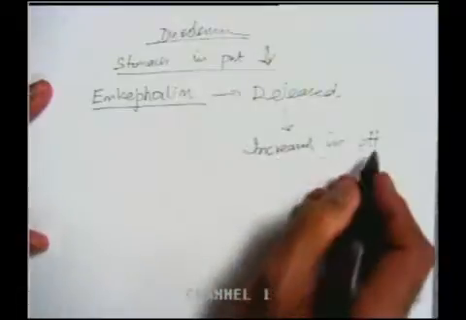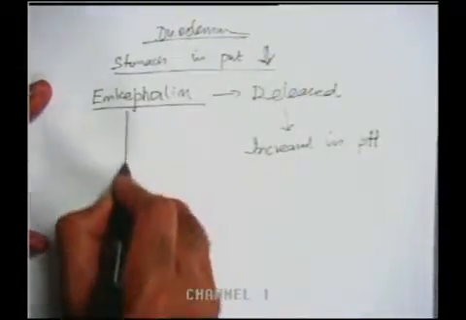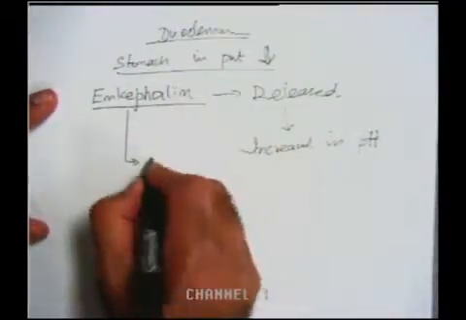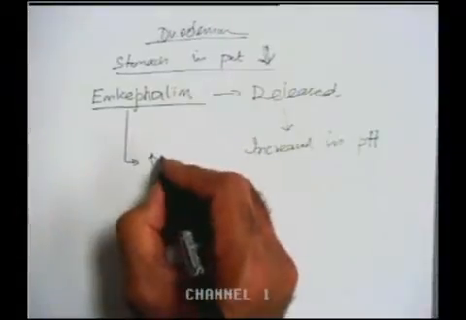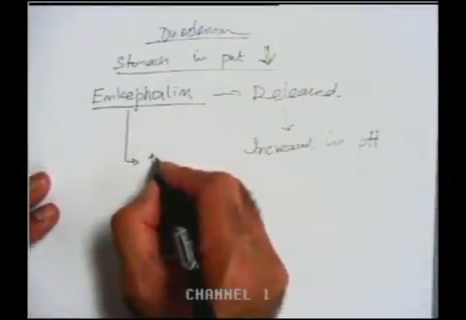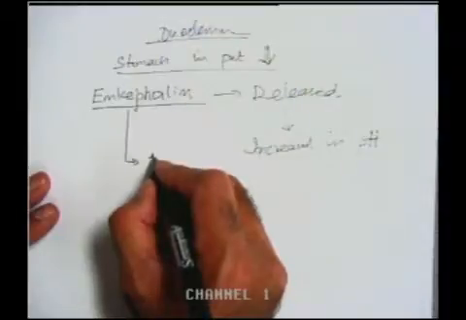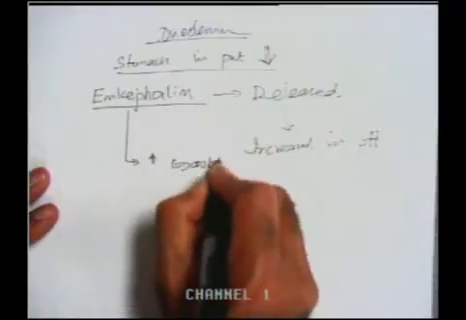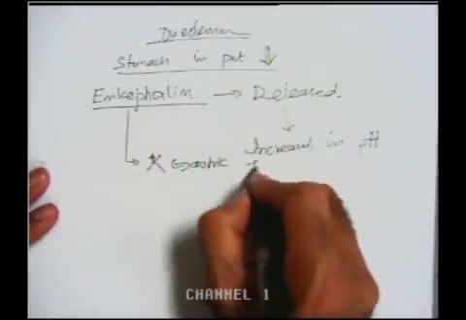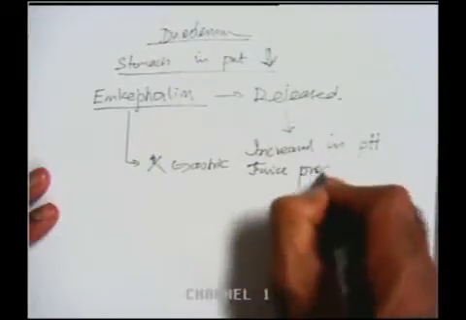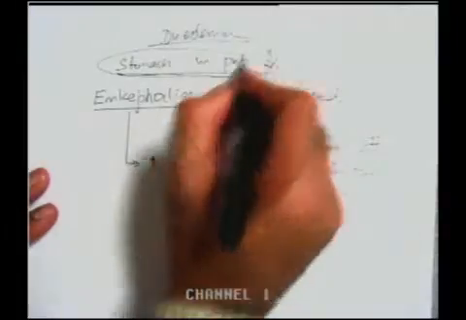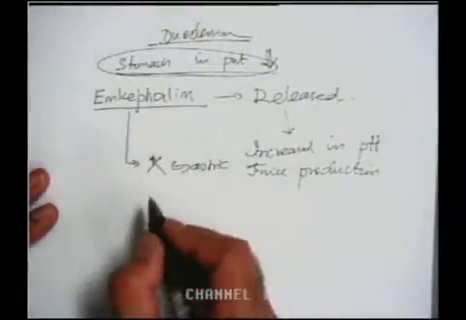Also it blocks the increased secretion of gastric juice production, because in the stomach the food has dropped, so the enkephalin will stop the stomach gastric juice production.